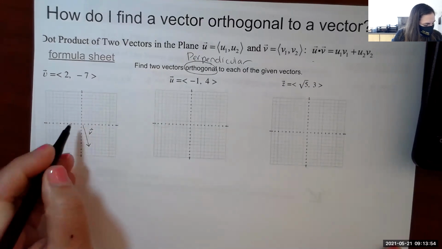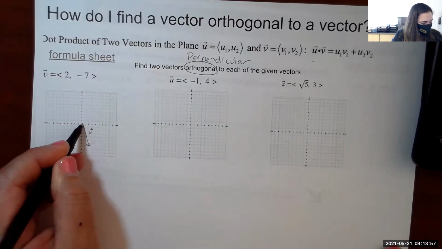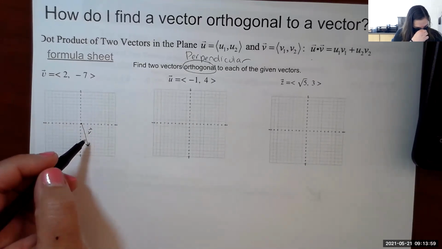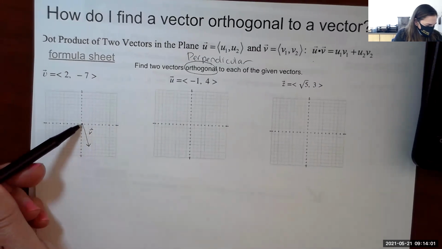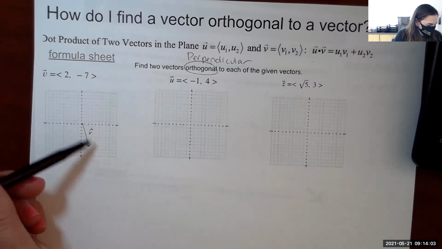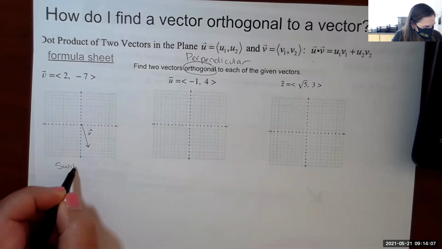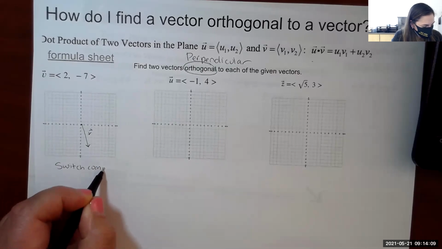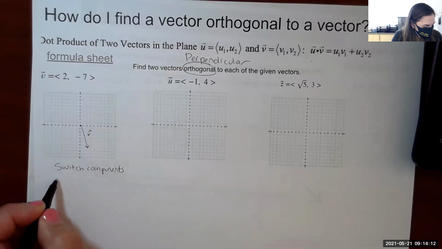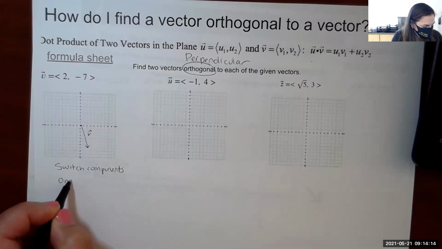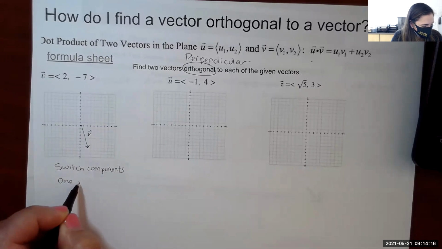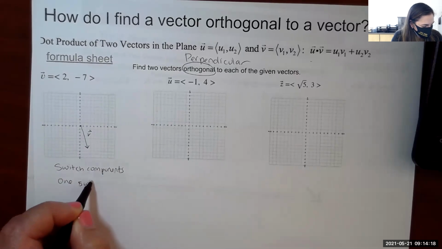You might have taken Math 8 or you might have taken IM, but if you're finding something perpendicular to a segment, you basically can switch components and make one of them switch signs.